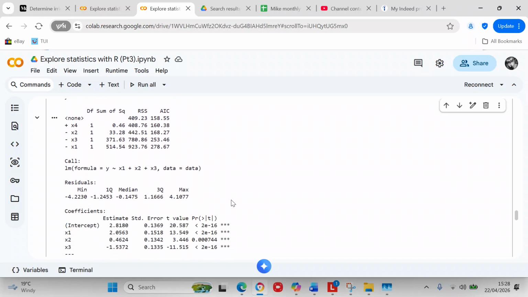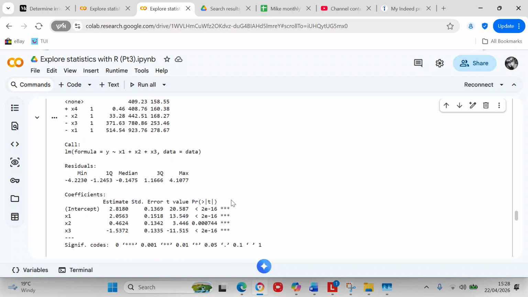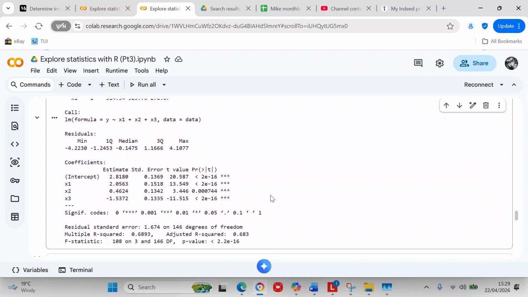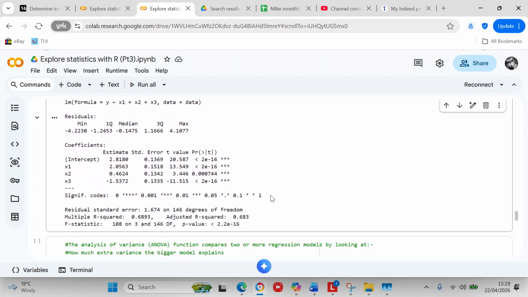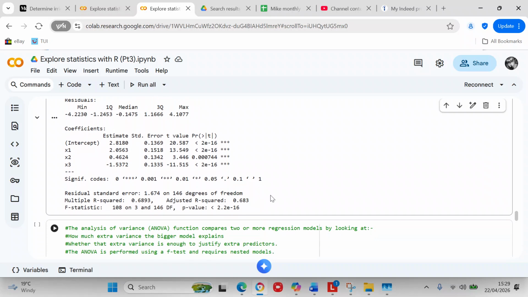And then we have another call being linear model brackets formula equals y tilde x1 plus x2 plus x3, data equals data, and then you've got your residuals, you've got your minimum, your first quartile, your median, your third quartile, and your max. You've got your coefficients of x1, x2, and x3, and your significance codes.